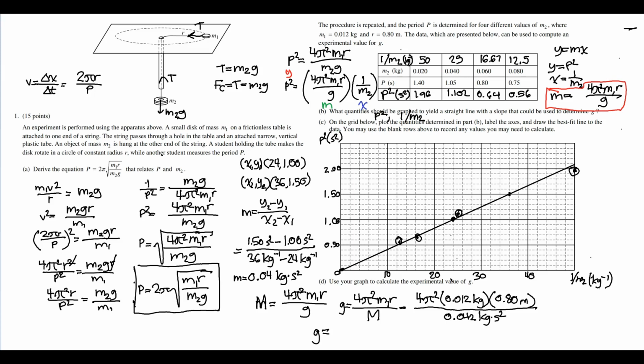I'm going to use the exact value. So we get about 9.1.